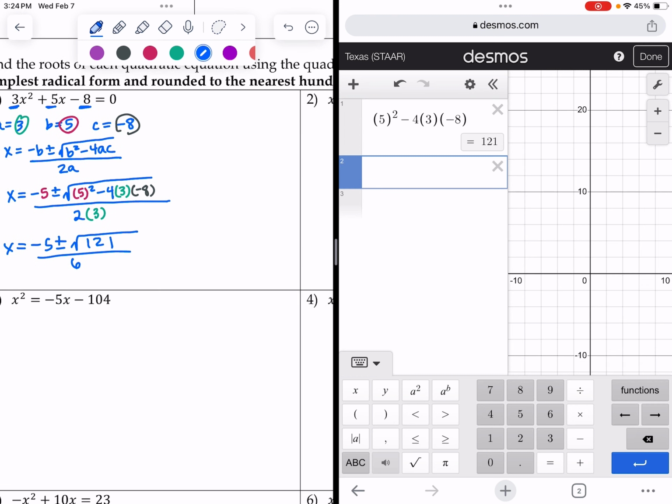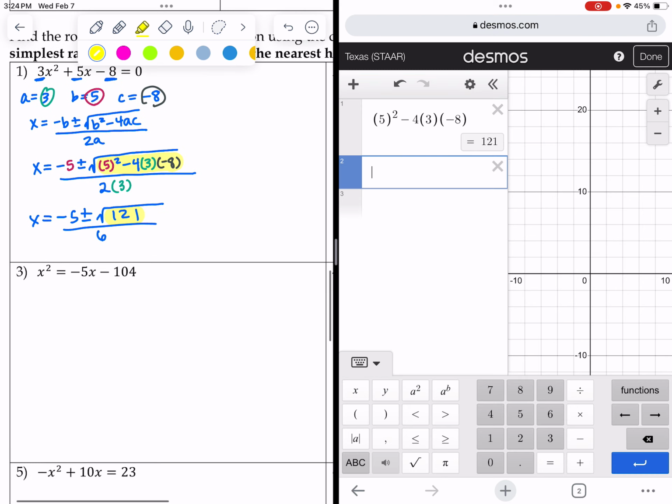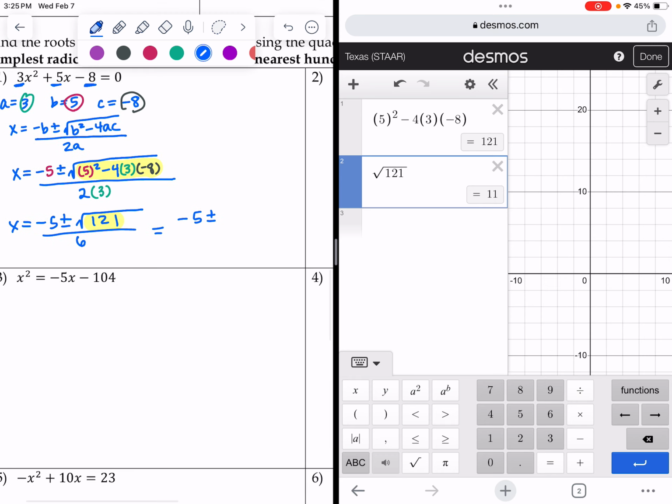Okay, so now, let me highlight that. We've just typed all that into the calculator and got 121. Now we need to simplify that radical, and 121 is actually a perfect square. It gives us 11. So I can simplify that even further to negative 5 plus or minus 11, no more square root, all over 6.